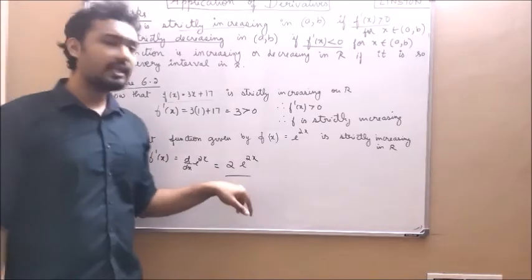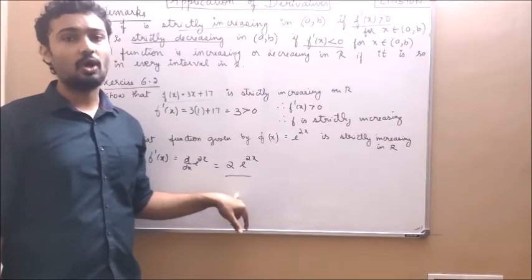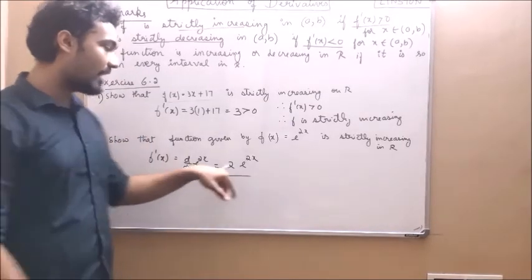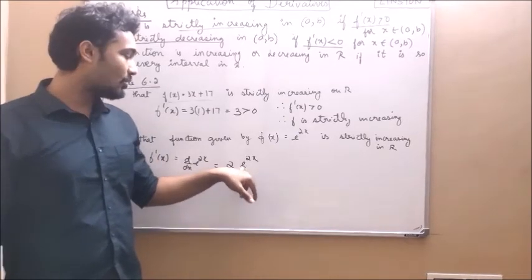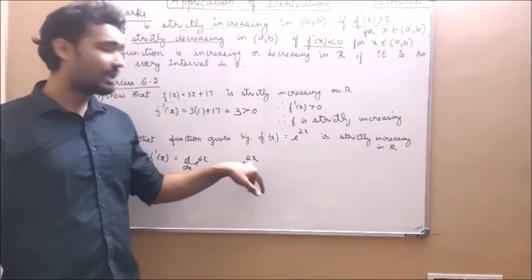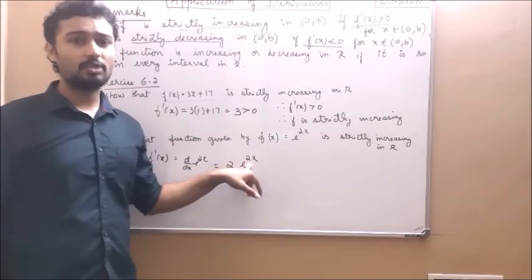Now, here, you know the graph of the exponential function. The exponential function always increases. Or what you can say, the value of e is approximately equal to 2.71. So, since the base e is positive, you put anything on the power, you will always get a positive value.